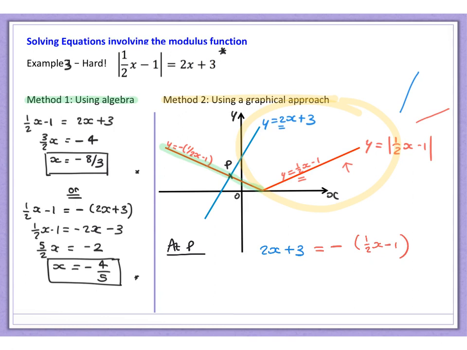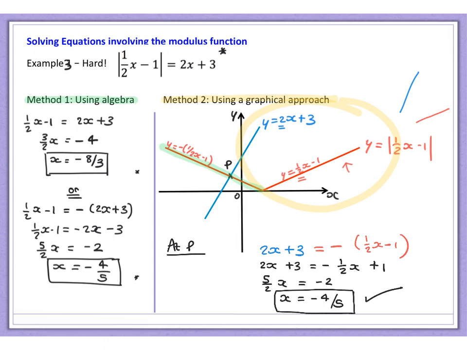Let's solve this. 2x plus 3 equals negative a half x plus 1, which gives us 5 over 2x is equal to negative 2, x equals negative 4/5. And that is the only correct answer. So it tells us very clearly that this part was correct, but this part created a false answer. So the only answer to the actual equation is x equals negative 4/5. And there is only one root.